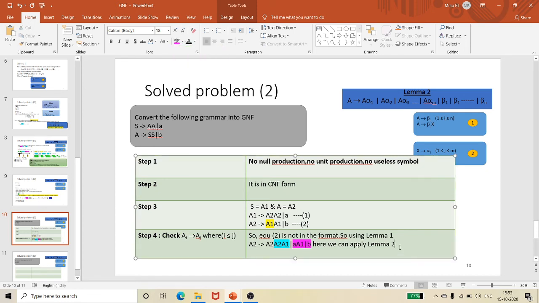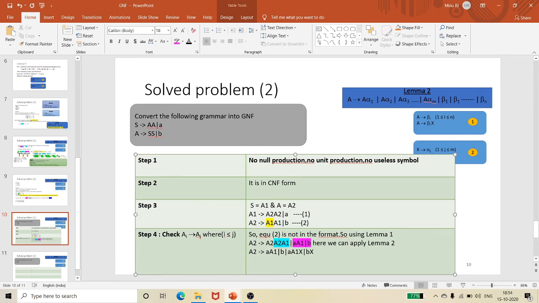Now my equation will look like, a2 gives only beta and beta x. Here my beta is a1 b, then with an x. So let me write it: a1 with an x, then b with an x.